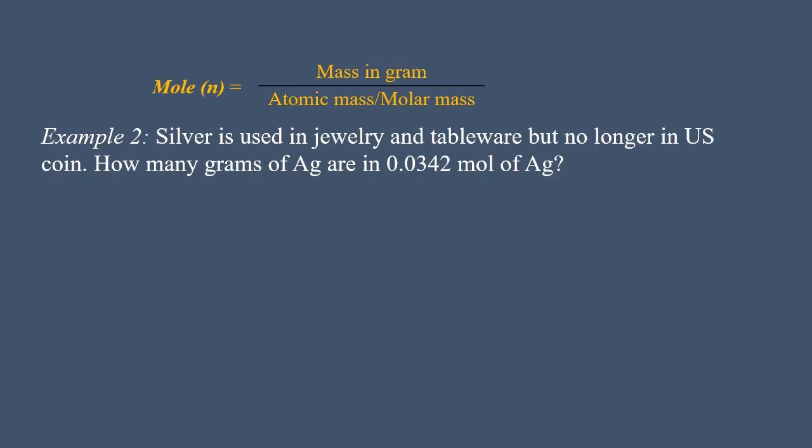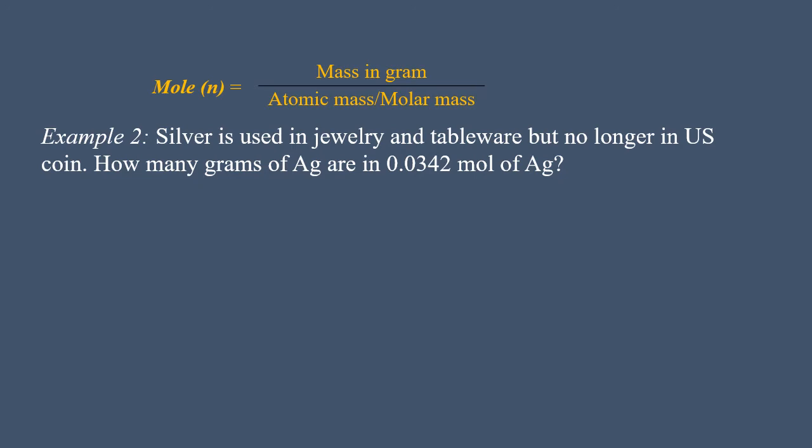What if you are asked to calculate for the mass given this equation? Let's have an example. Silver is used in jewelry and tableware, but no longer in US coins. How many grams of silver are in 0.0342 mole of silver?